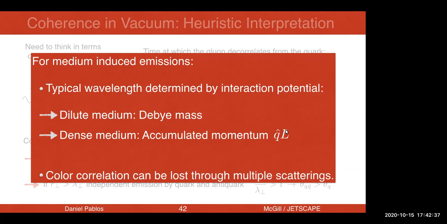Also important is that the color correlation can be lost through multiple scatterings. You imagine this antenna, it keeps getting kicks, so its color gets rotated such that the correlations between the two objects are lost, and therefore coherence is also lost.